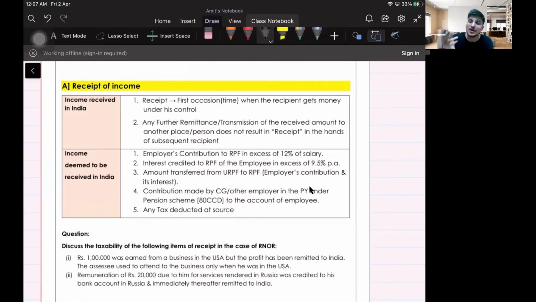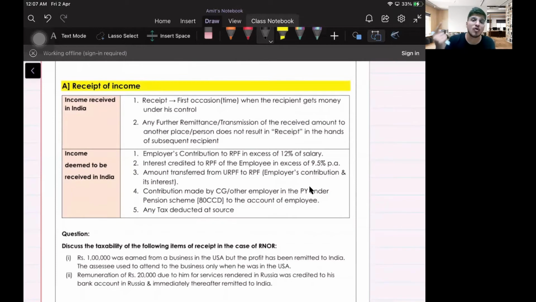Employer's contribution to whom? Recognized, not unrecognized. It is in recognized provident fund in excess of 12%. In excess of 12%. If it is 12%, then no income because it is exempt. If it is 12% of salary, it is exempt. First is employer's contribution to RPF in excess of 12% of salary.